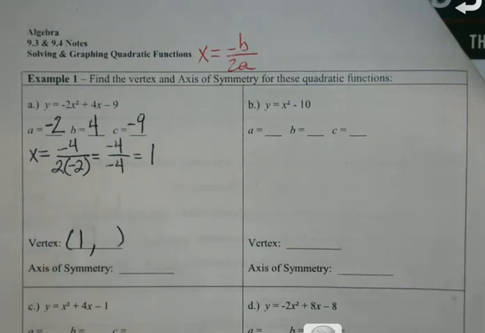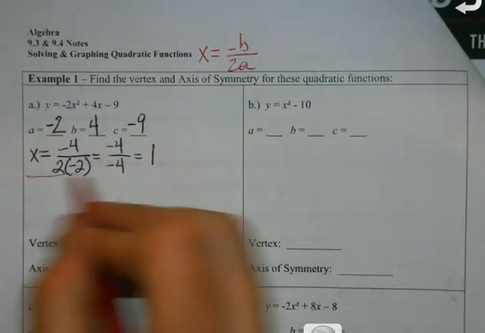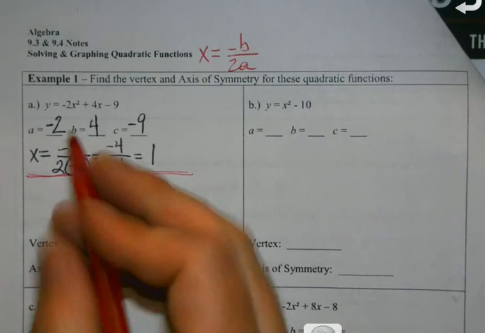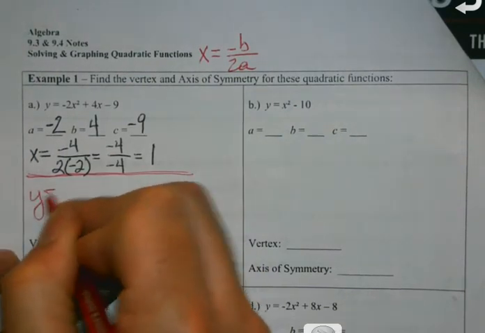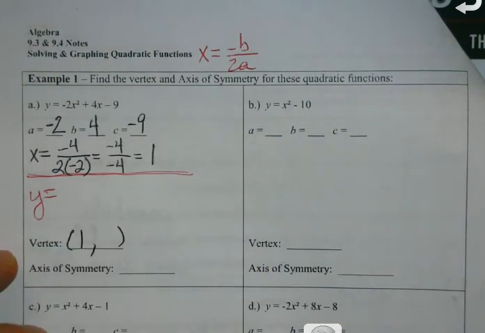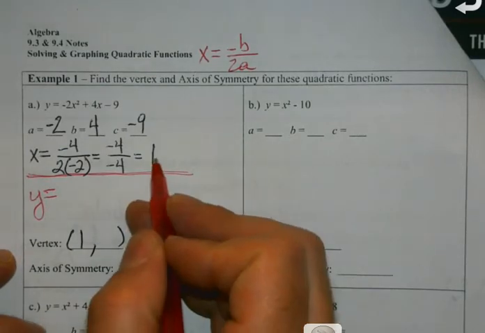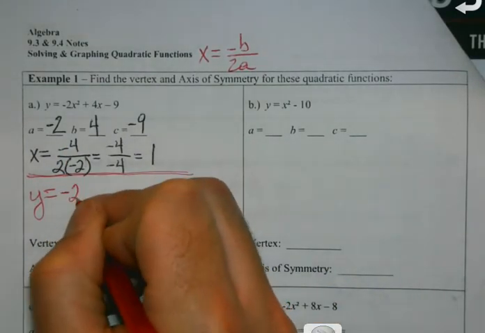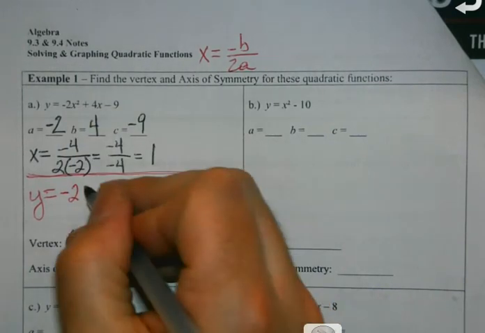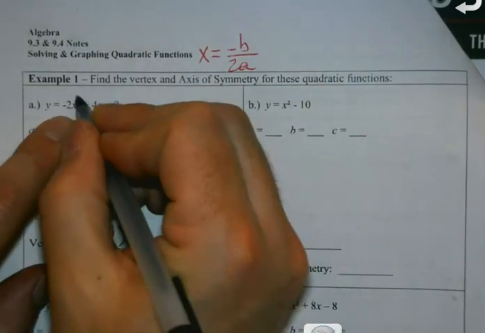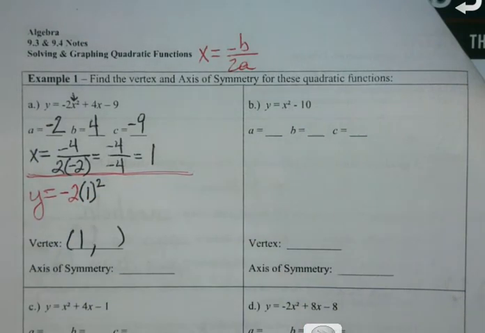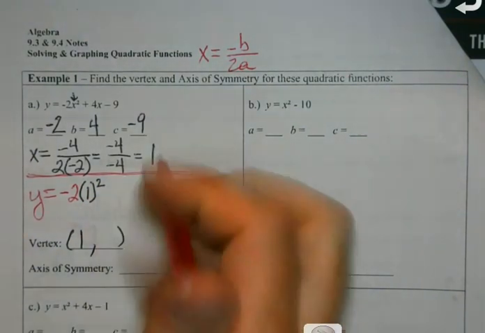Once I have that, and again, that'll be the same every time, then I go in and I look for my y value. Now, there's not a fancy formula for y. To find y, I'm just going to substitute the x value into the equation. So I've got negative 2, and whenever I plug in my x value into the equation, I'm going to put it in parentheses.